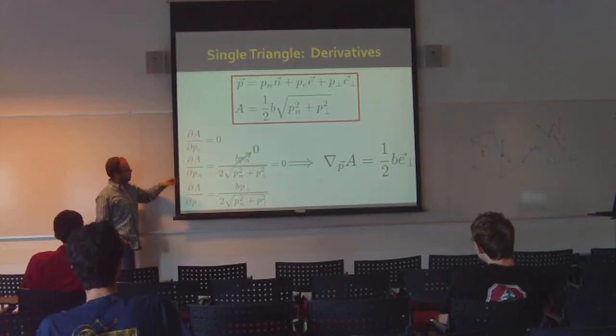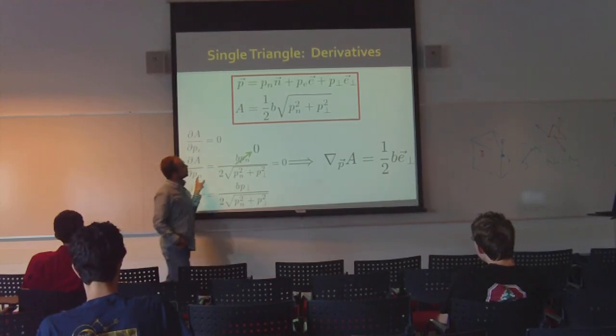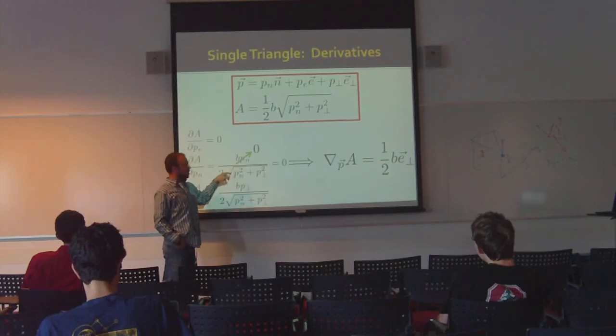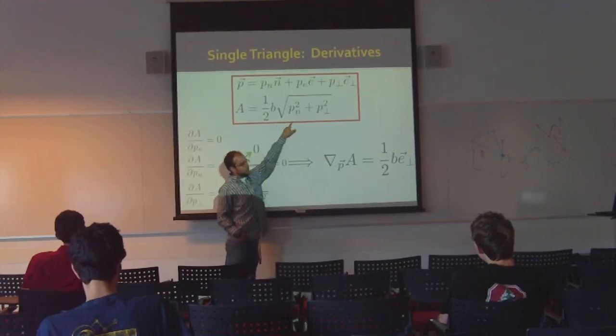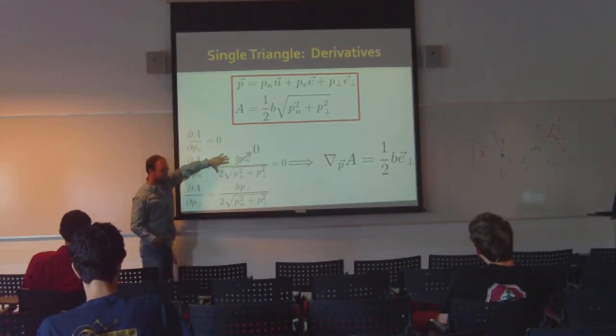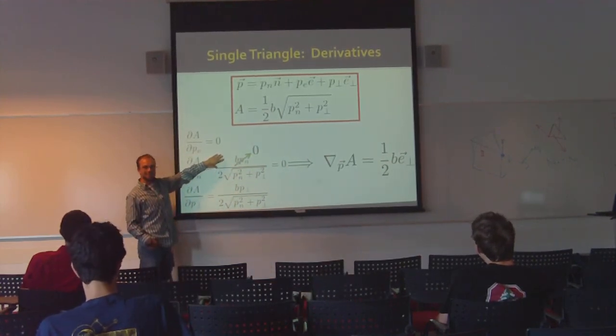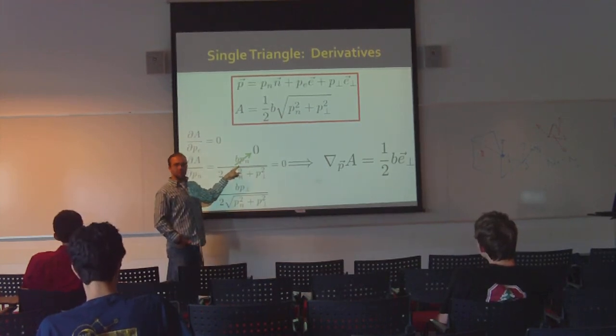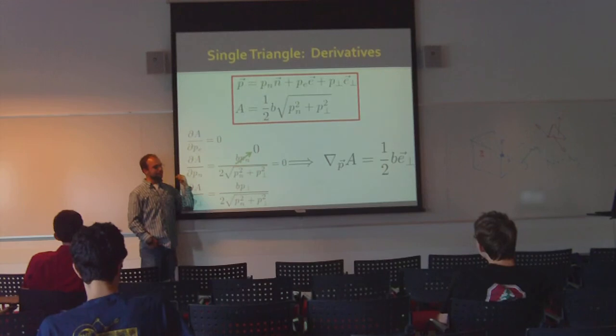So now let's take the derivative of the area in the normal direction. Well, if you squint enough, you've got something to the 1/2, so you'll get that to the -1/2 times 1/2, all this moves around, and this formula comes out. Hopefully you can trust me on that. But what was P sub n for the triangle that I showed you on the previous slide?